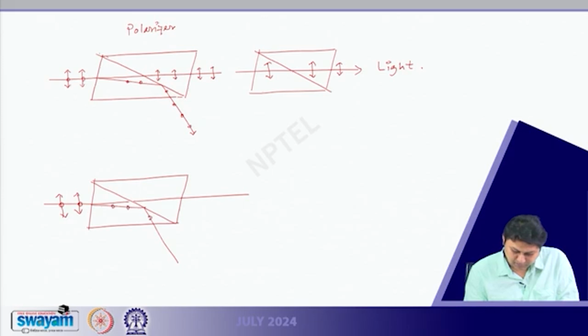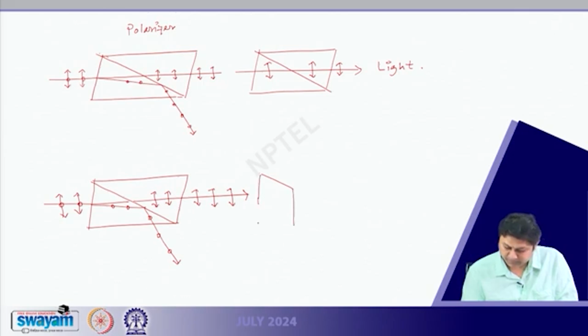So this light will go in this direction, the extraordinary light will pass through, and now we place the nickel prism, but we rotate it such that it looks like this.